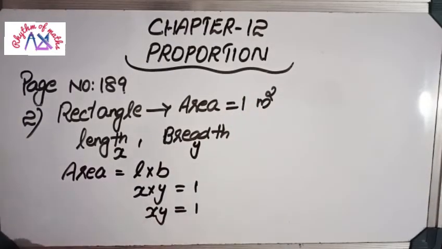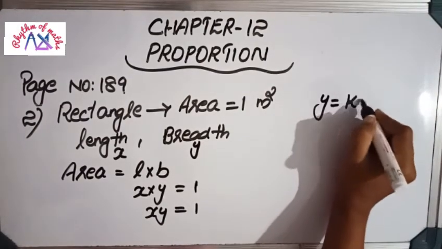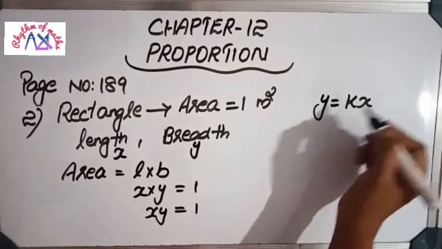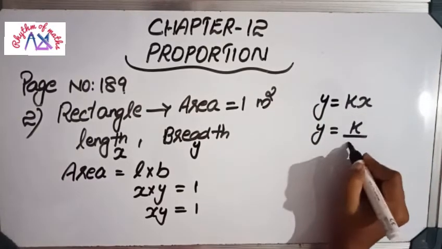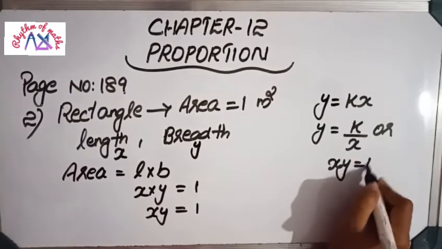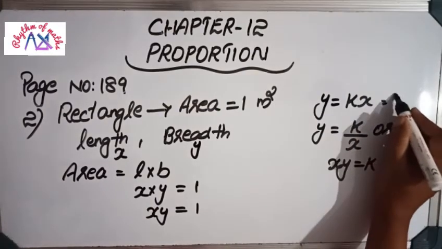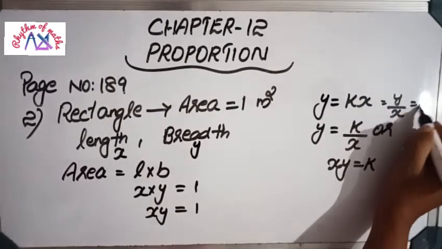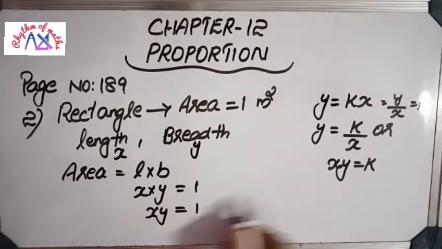In which proportion? Direct proportion means we must get y equal to kx. Okay. Now inverse proportion means y equal to k by x or xy equal to k. Okay. This is inverse proportion, and here y by x equal to k is direct proportion. Which one? This satisfies this one.